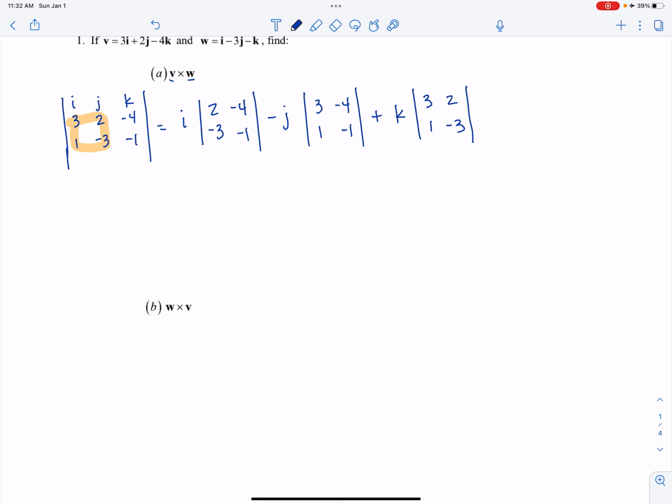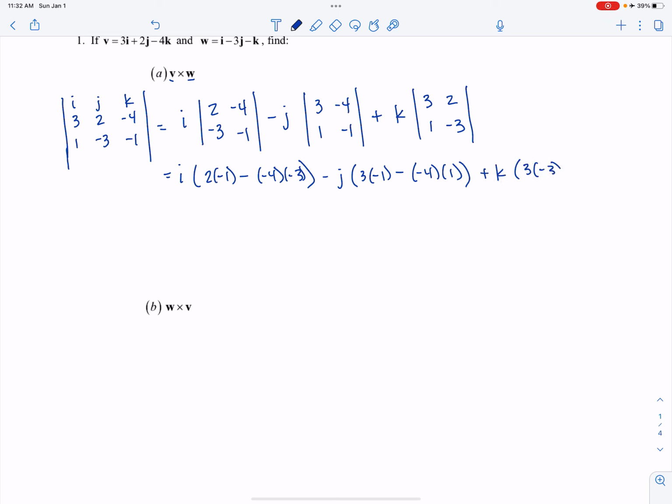And in order to find the determinant of each of these, we do i times 2 times negative 1 minus negative 4 times negative 3, j times 3 times negative 1 minus negative 4 times 1, k times 3 times negative 3 minus 2 times 1.